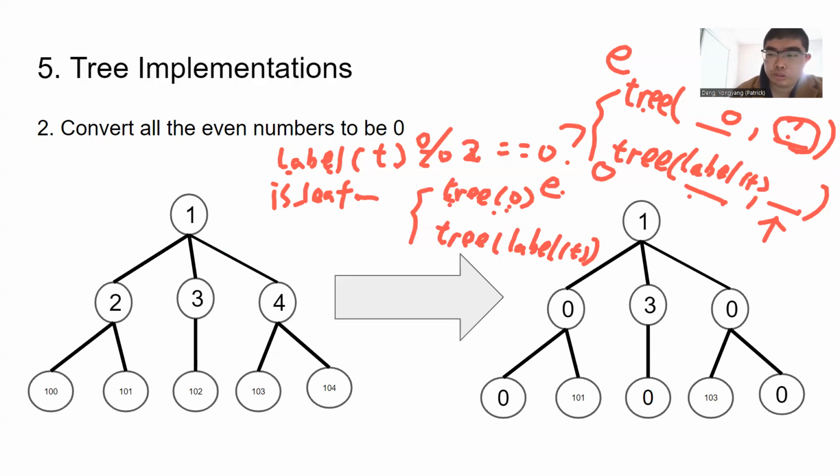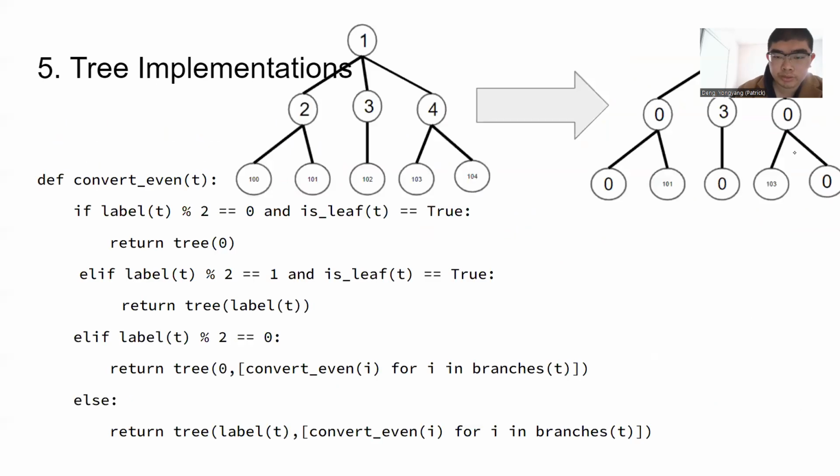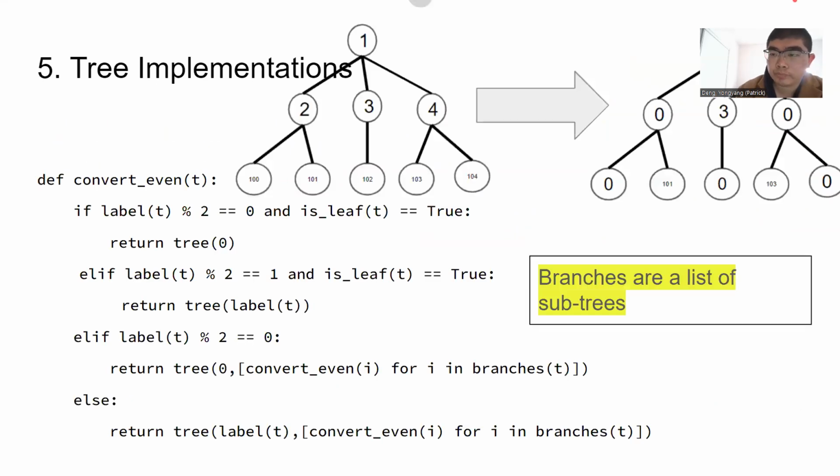And otherwise, which shows this is a non-leaf node, you will have to return these things instead. Yeah, like if it's even, and if it's not, along with the subtrees, and you will use recursion here. So this is the answer. Yeah.